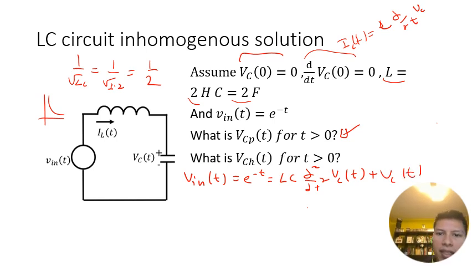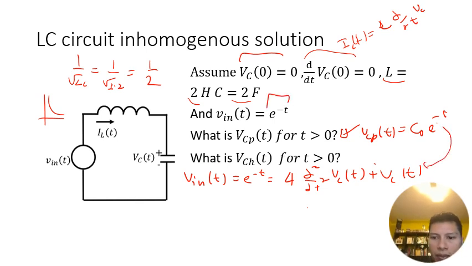And L times C in this particular case is just 4. So we can create our guess for VCPs of t as just a constant C0 e to the negative t, which is the form of Vn. And then we plug it into our differential equation.